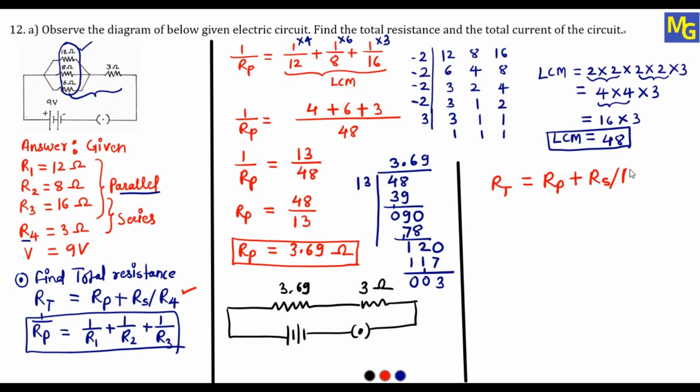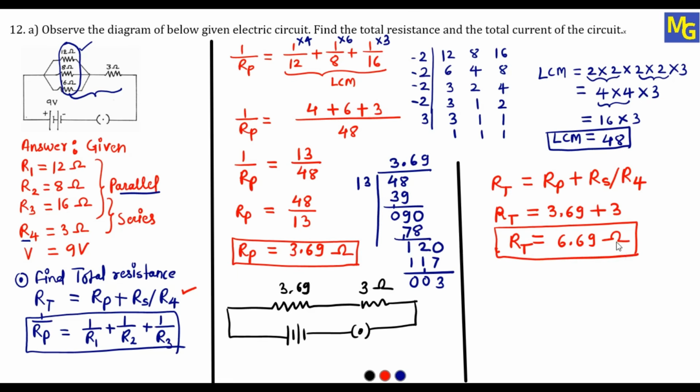I'll write both here so that you do not get confused. RT is equal to RP, which we have got just now, 3.69, plus R4 or RS, which is 3. So we get 6.69 ohm. This is the answer for total resistance. So we got the total resistance in the circuit, and our first part, find total resistance, is finished.